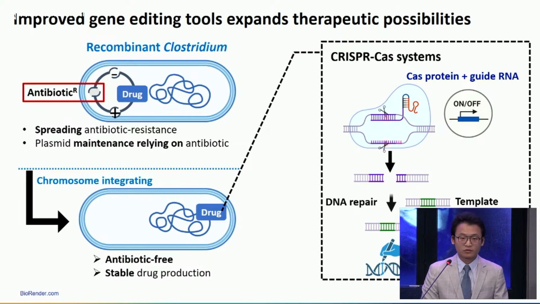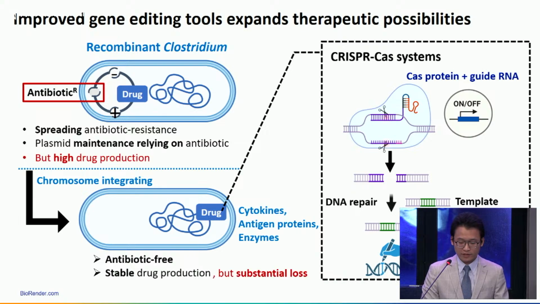The generated CRISPR-Cas systems can achieve efficient and rapid gene disruption and integration in this thesis in about 1 week. And we successfully constructed various recombinant Clostridium with chromosome integrating for producing drugs, including cytokines, antigen proteins, and enzymes.